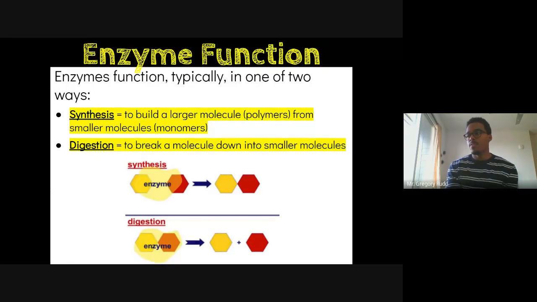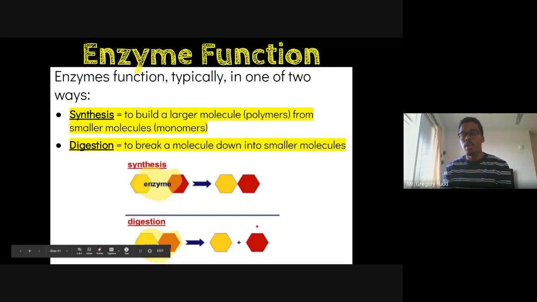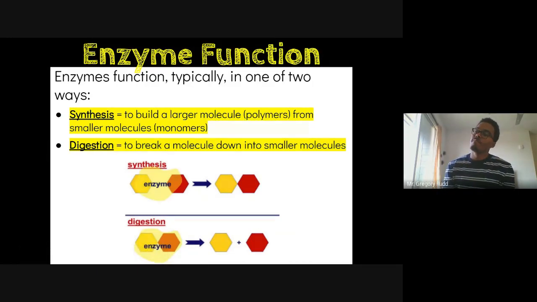Sometimes you'll hear this referred to as a decomposition reaction. That's something that you'll learn about in chemistry. But to digest is to break something down, to synthesize is to build something up. Pretty simple.